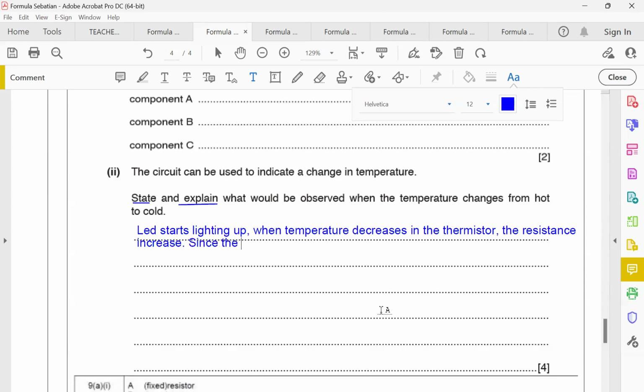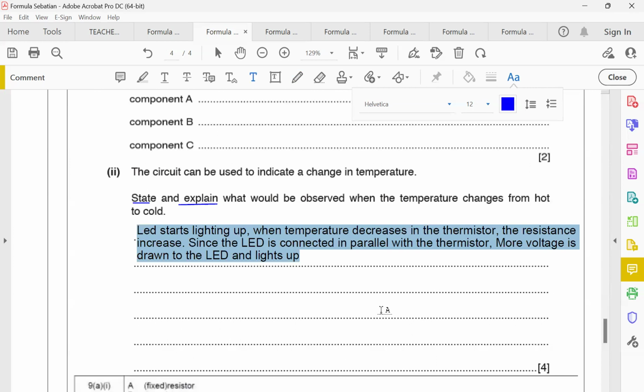Since the LED is connected in parallel with the thermistor, more voltage is drawn with the LED. That's how it goes along these lines, like the super simplified version.